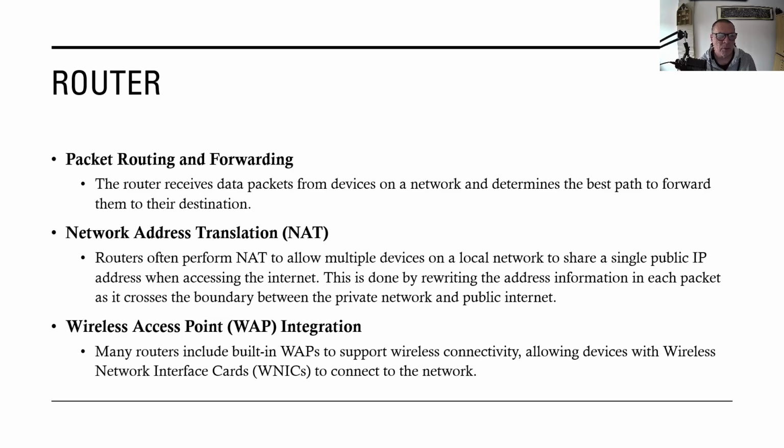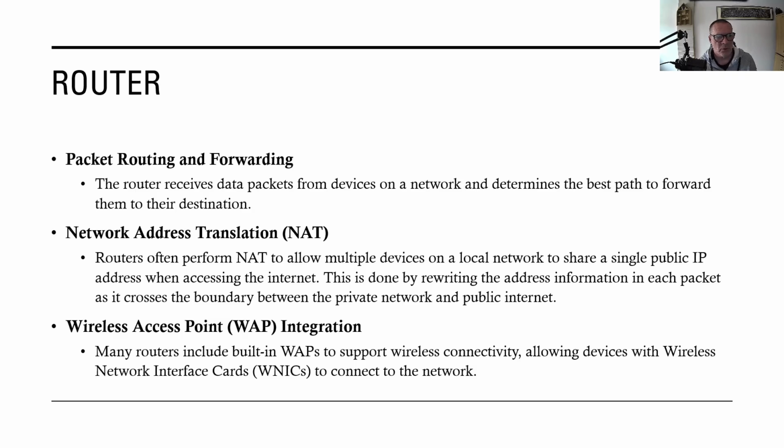This allows you to have multiple devices in your LAN, your local area, share a single public IP address, and then it will translate IP addresses when they come in, so that it will go to the correct device on your LAN, and also on the way out it will replace the local address that you have within your network with the one that's going out and to be seen publicly.